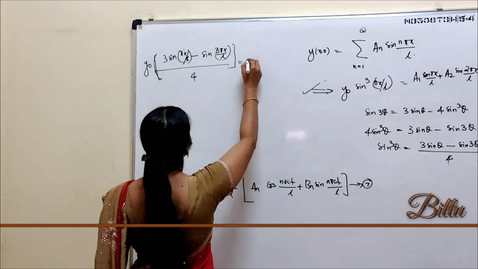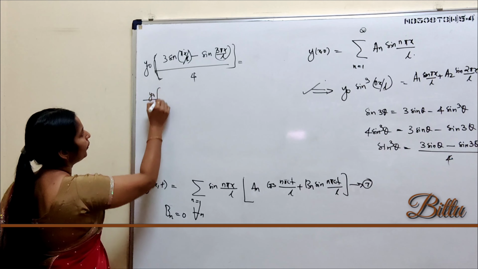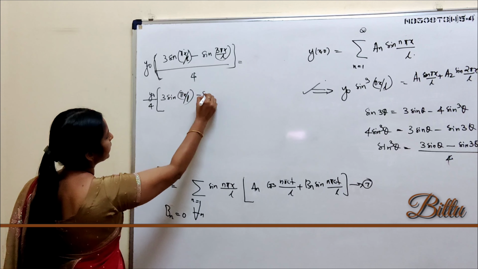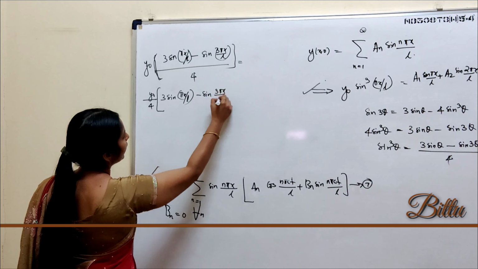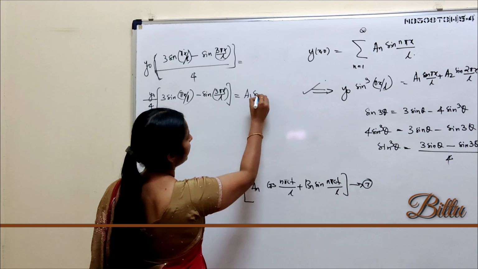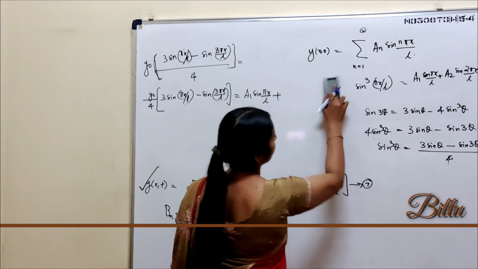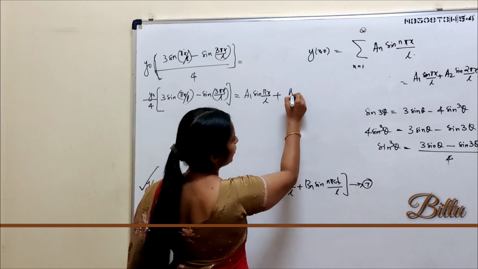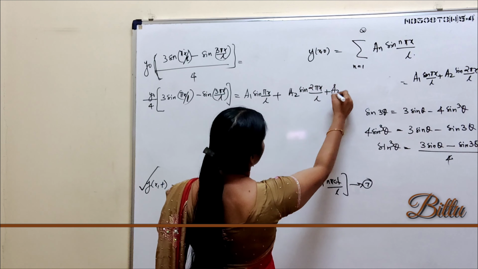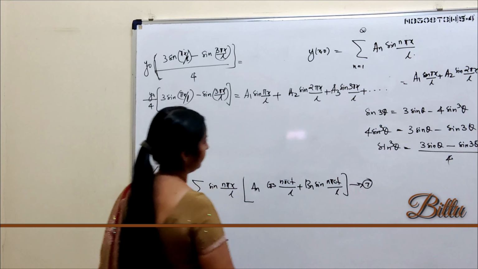Or we can write it as y0 by 4 into 3 sin pi x by L minus sin 3 pi x by L is equal to, right side, a1 sin pi x by L plus a2 sin 2 pi x by L plus a3 sin 3 pi x by L plus etc.